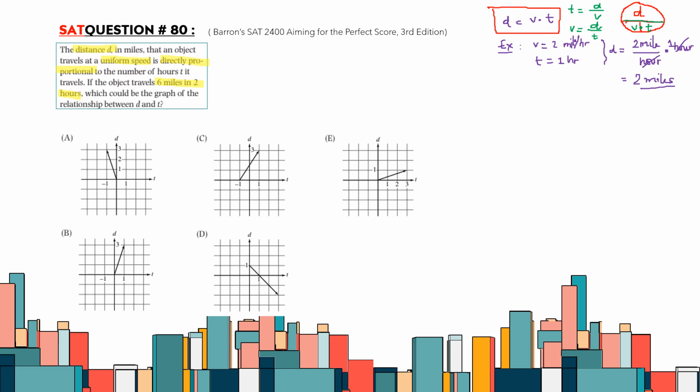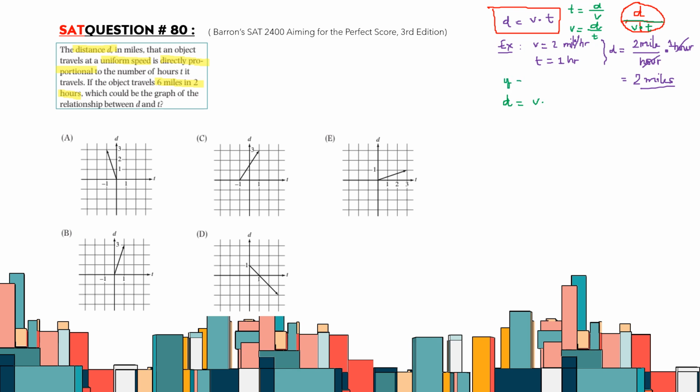In this case, we know 6 miles in 2 hours, so 6 miles is D, and we need to find V. V is the velocity, or the slope.